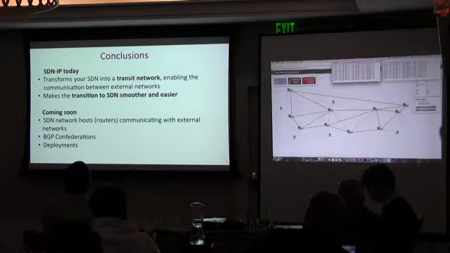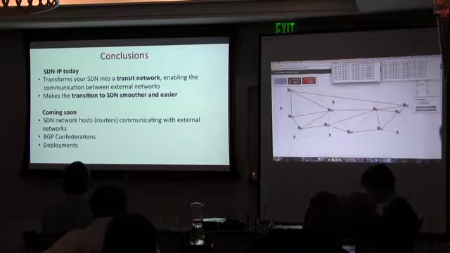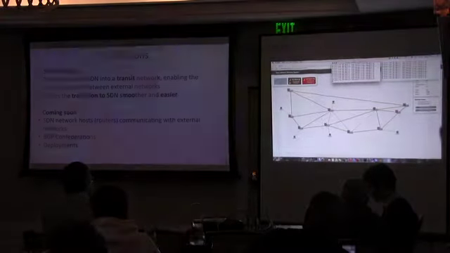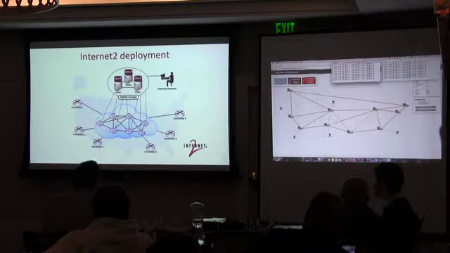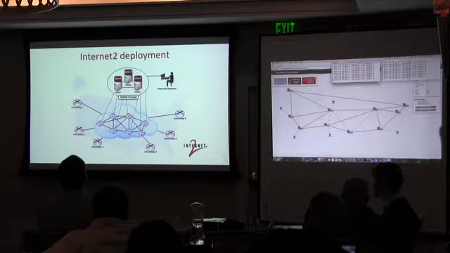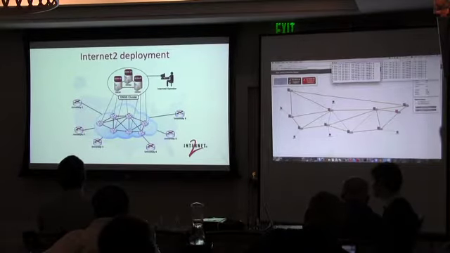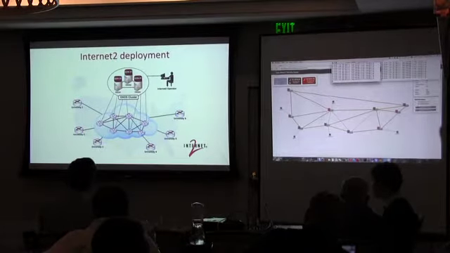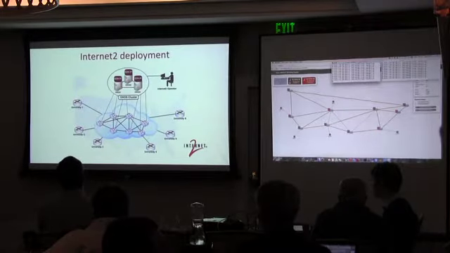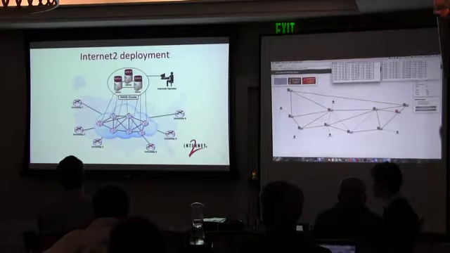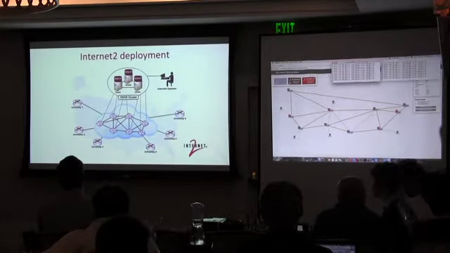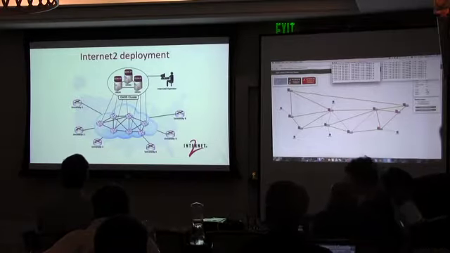And of course, deployments. We have a long list of deployments we really want to do. Some of them are already scheduled. Here I reported just the first deployment we want to do. We believe we can start easily and then scale up. So what we will do, the idea is to use the AL2S, the production layer 2 network of Internet2, to connect 6 universities around the country, distributed on the west and on the east coast.